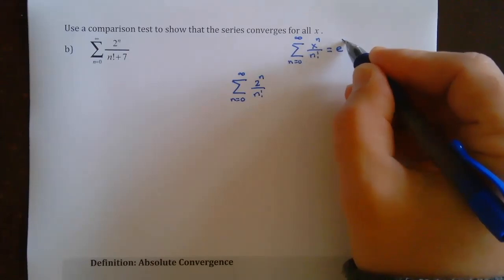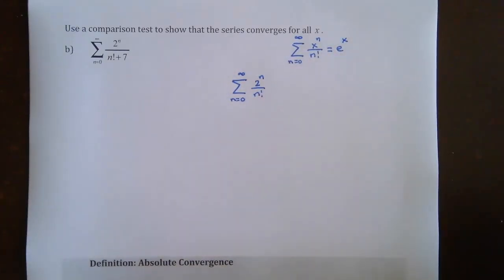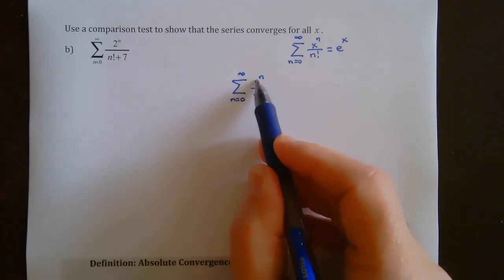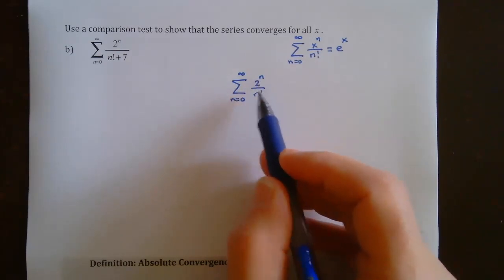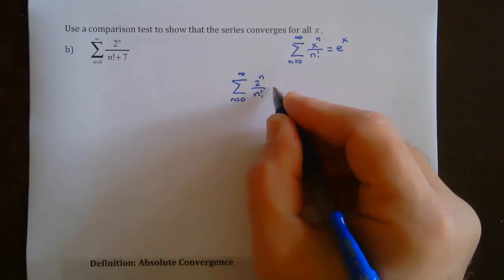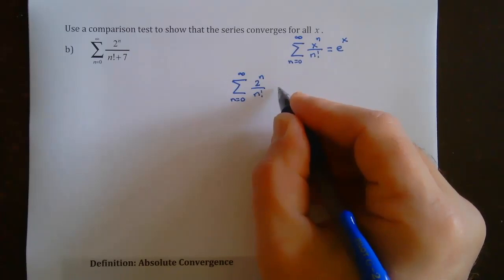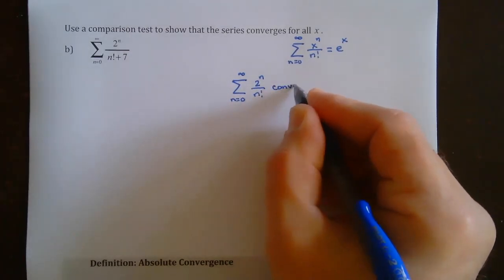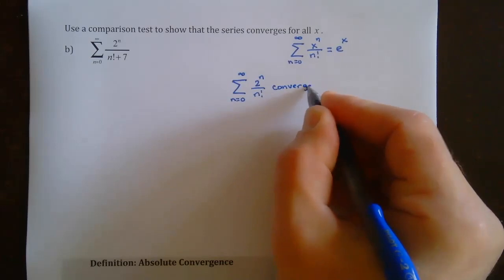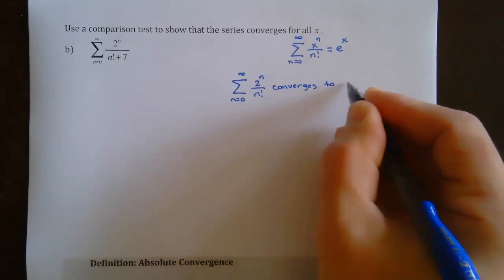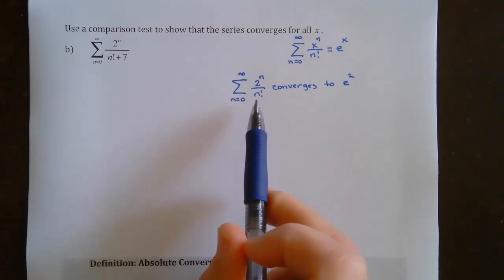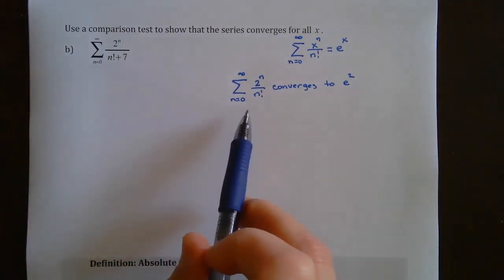This should be e to the x, not just e. So right here, what's in the x spot? Well, it's the 2, right? So that means this converges to e squared. And this is what we want to compare this one to.